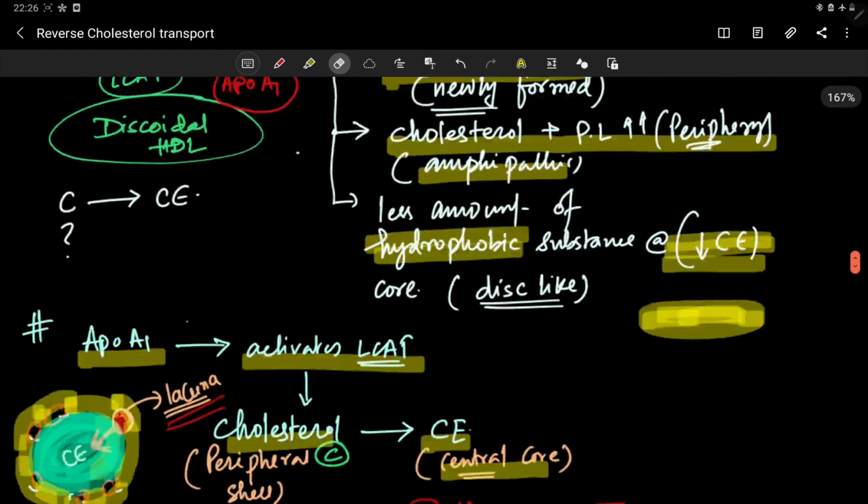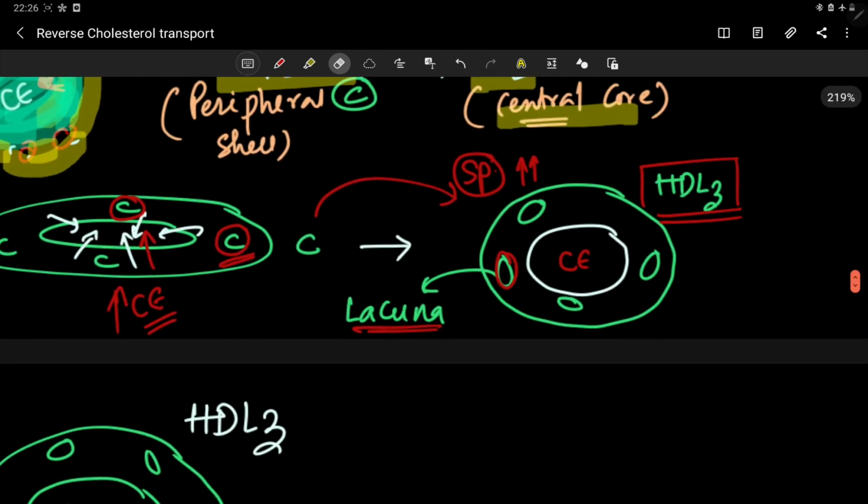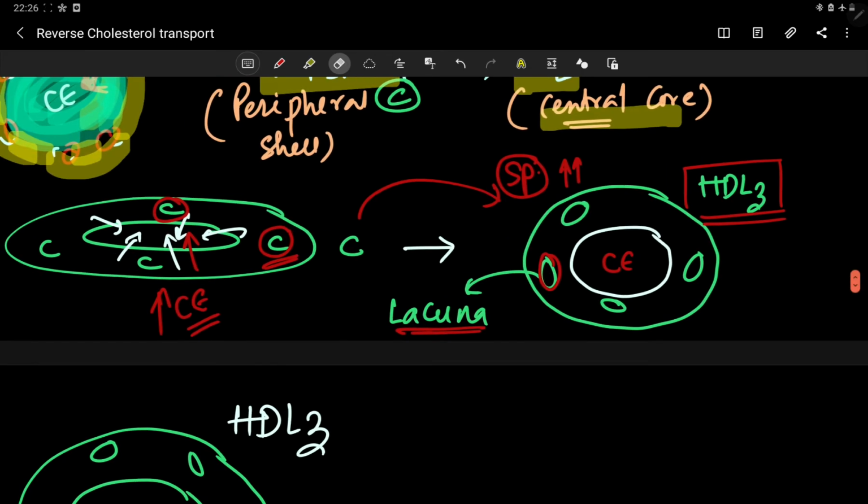And when this cholesterol moves towards the core of the discoidal HDL, it forms a lacuna at the periphery of the discoidal HDL. Due to the increase of the bulk of the core, your discoidal HDL is converted into spherical HDL, and this is called your HDL3.